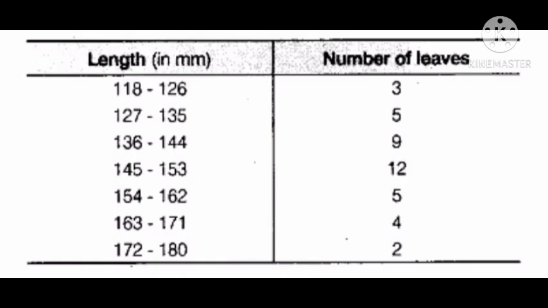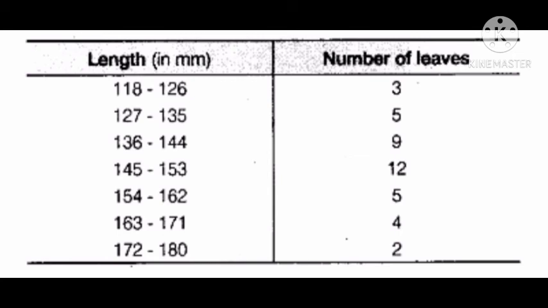See this table. The first column is length and the second column is number of leaves. Listen to the first column only. Here the class intervals are 118 to 126, 127 to 135, 136 to 144 and so on.